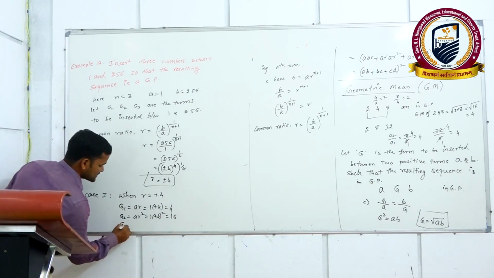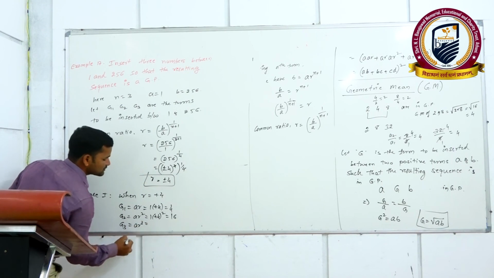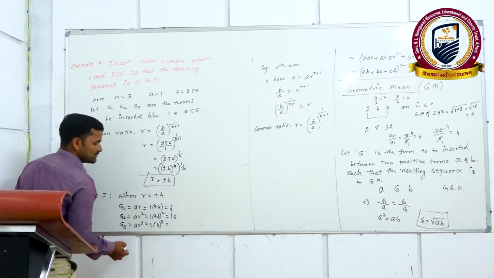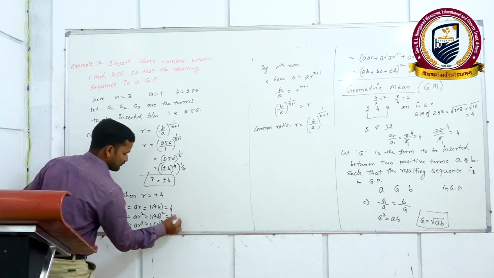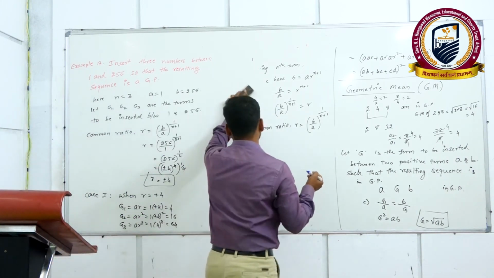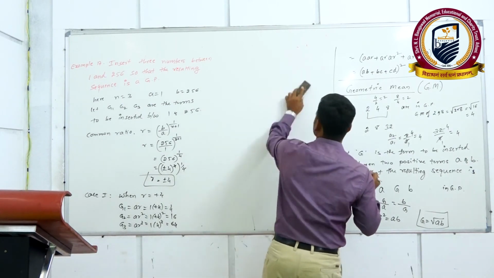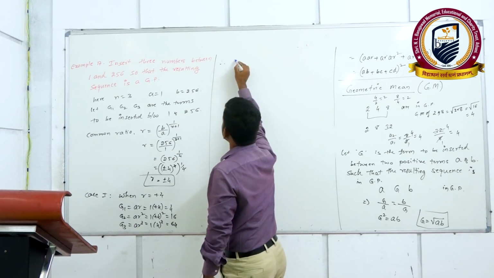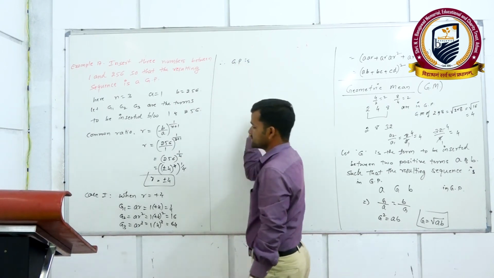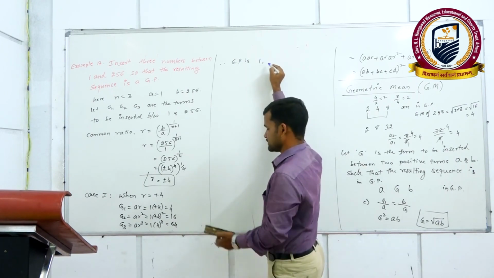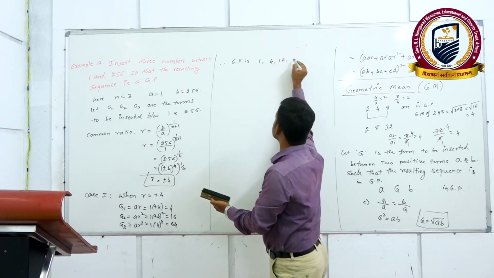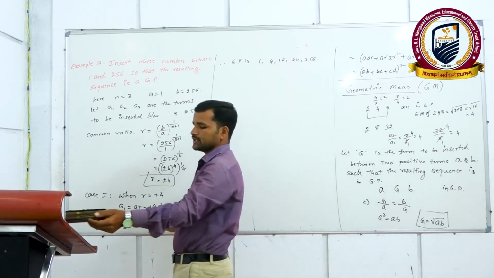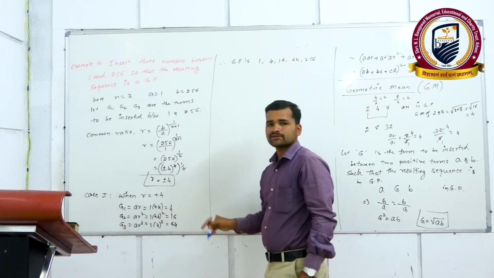And z3 is equal to a into r cube. a is 1, 4 to the power of 3, which is 16 into 4 is 64. Therefore, the GP is 1, 4, 16, 64, 256.